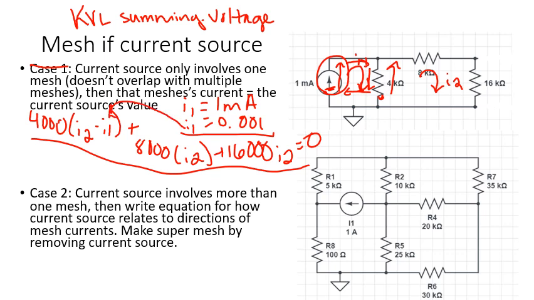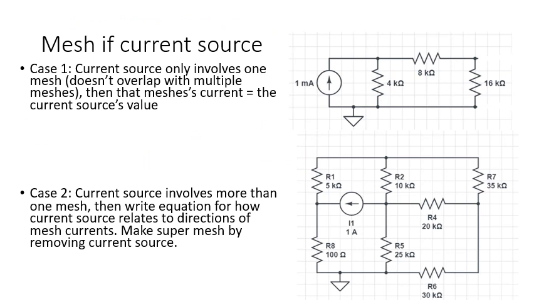Easy peasy. Case number 2 with current sources and mesh analysis is a little harder. If I look at this current source here, it is not just overlapping with one mesh like my first current source. I'm going to delete my chicken scratch so we can just see what we're doing a little better. It overlaps with two meshes.